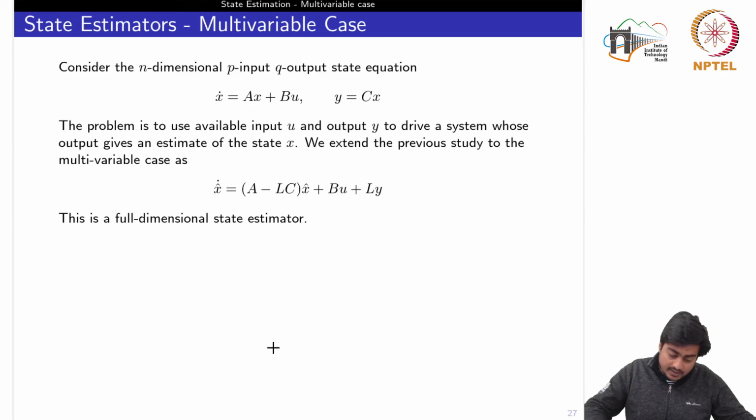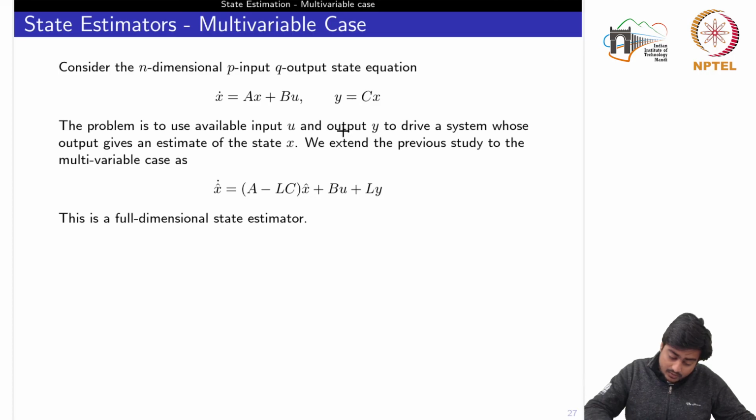So now we can quickly go through all the results under the multivariable environment that considers the n-dimensional, p input, q output state equation, where we have now capitalized the matrices B and C because they are no longer vectors. So the problem remains the same: the input and output are available to us, and also we have the knowledge of the matrices.